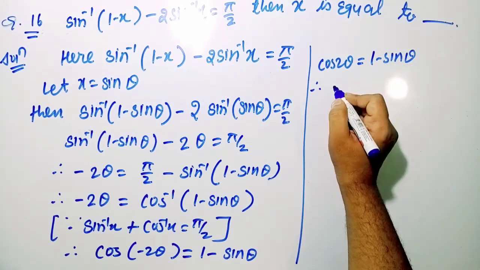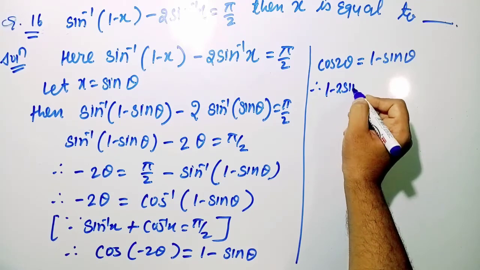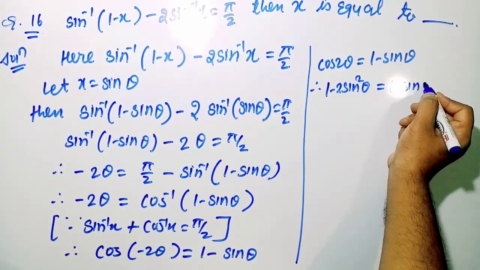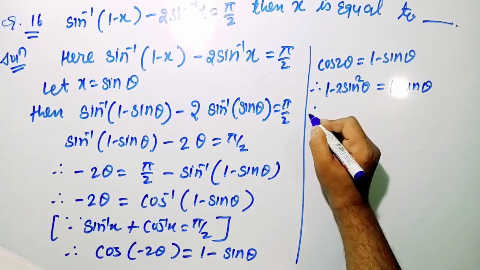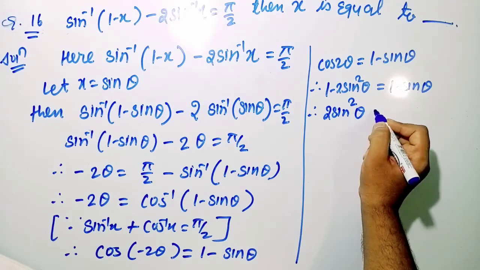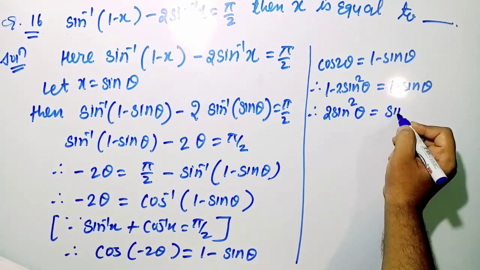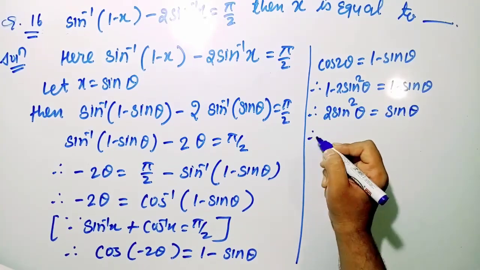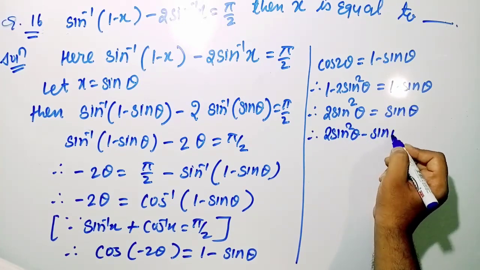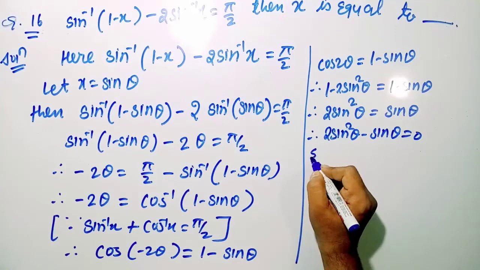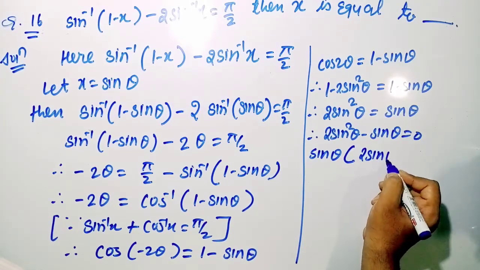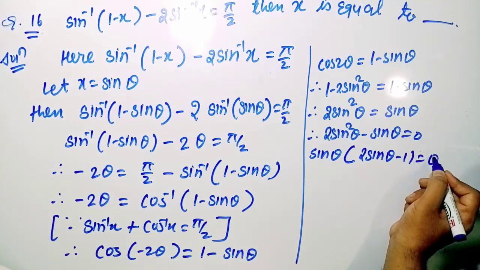So cos 2 theta is equal to what? 1 minus 2 sin square theta, right? This is 1 minus sin theta. Okay students, so 2 sin square theta is equal to sin theta, because 1 cancels, so 2 sin square theta minus sin theta is equal to 0. Sin theta is common, so sin theta into (2 sin theta minus 1) is equal to 0.